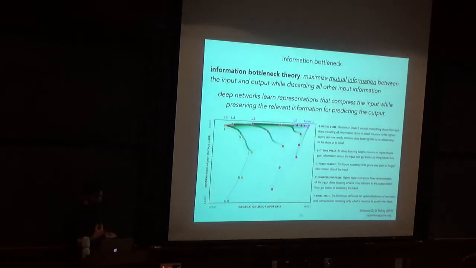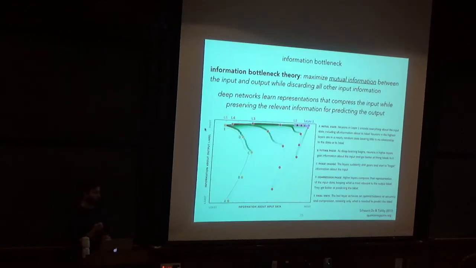And in a number of papers, people have tried to point out that, if you look at the mutual information during training, these networks, where each color here is a layer, start off with, for instance, the first layer having a lot of information about the data and also a lot of information about the label.